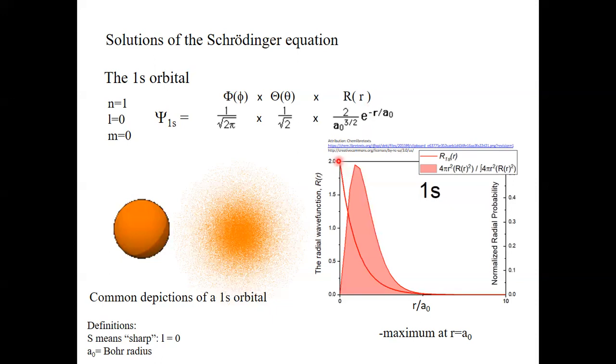You see here how the shape of the radial function looks. It's exponentially decaying as we go further and further away from the nucleus. You see that the radius is listed in units of a0, whereby a0 is again the Bohr radius.